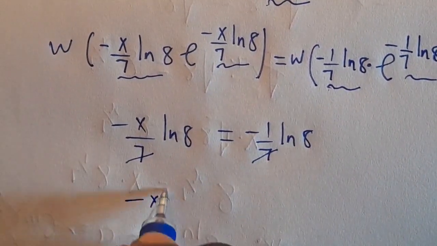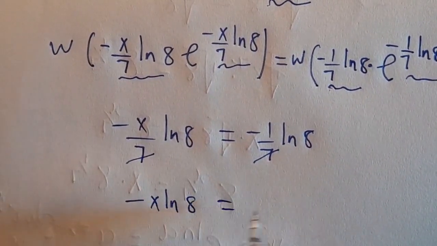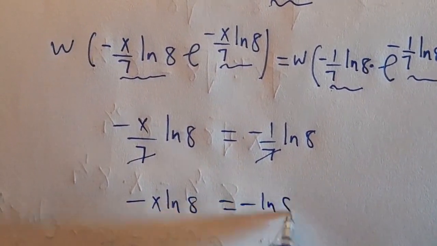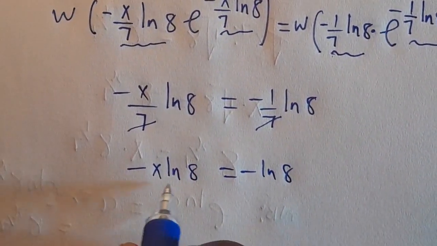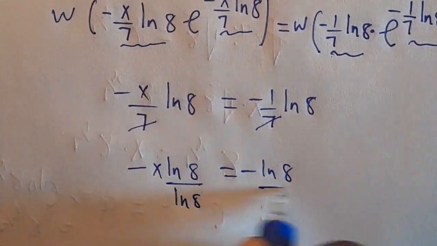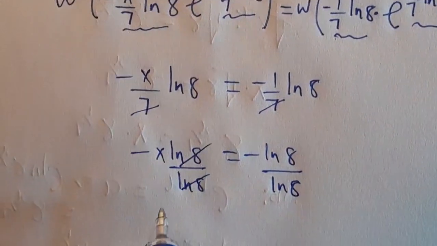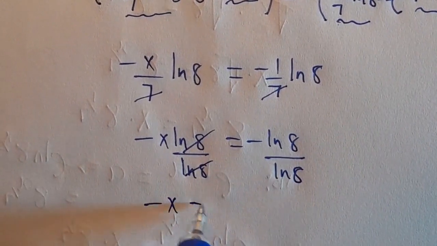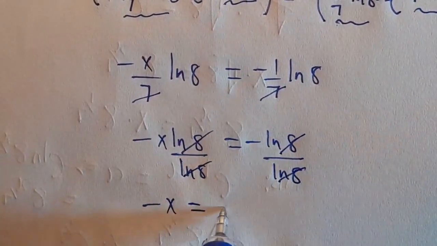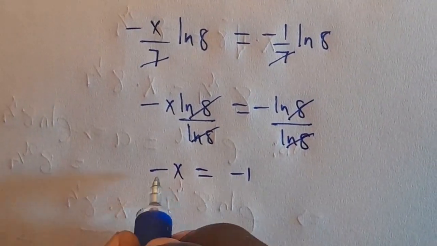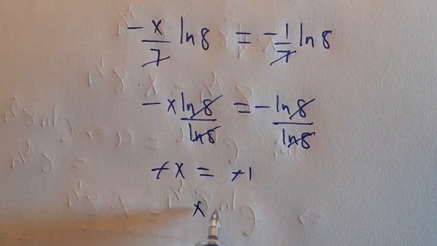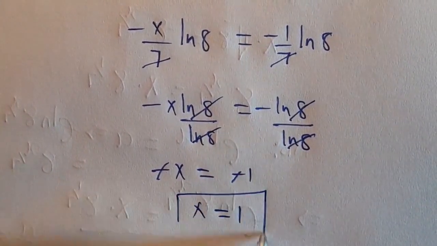We have minus x ln of 8 equals minus ln of 8. Then when you divide through by ln of 8, this will cancel this, so we have minus x to be equal, this will also cancel this, we have it to be minus 1. And from here, minus will cancel minus. We have our x to be equal to 1.